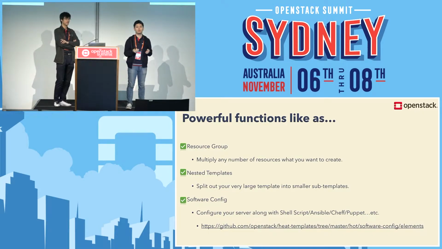But really, that's annoying for you guys, right? So in that case, I do recommend using a resource group. You can multiply any resource you want, and Heat automatically creates the requested number of resources.